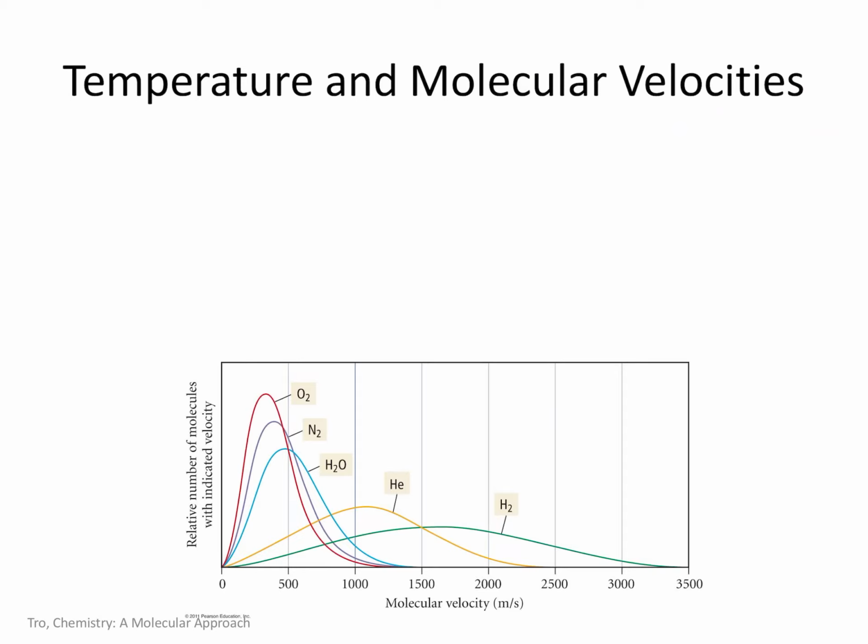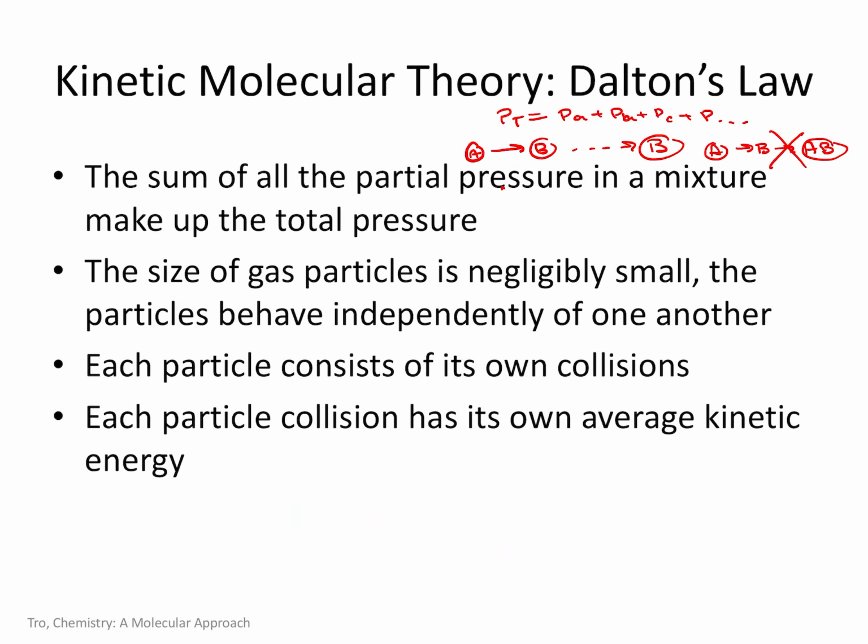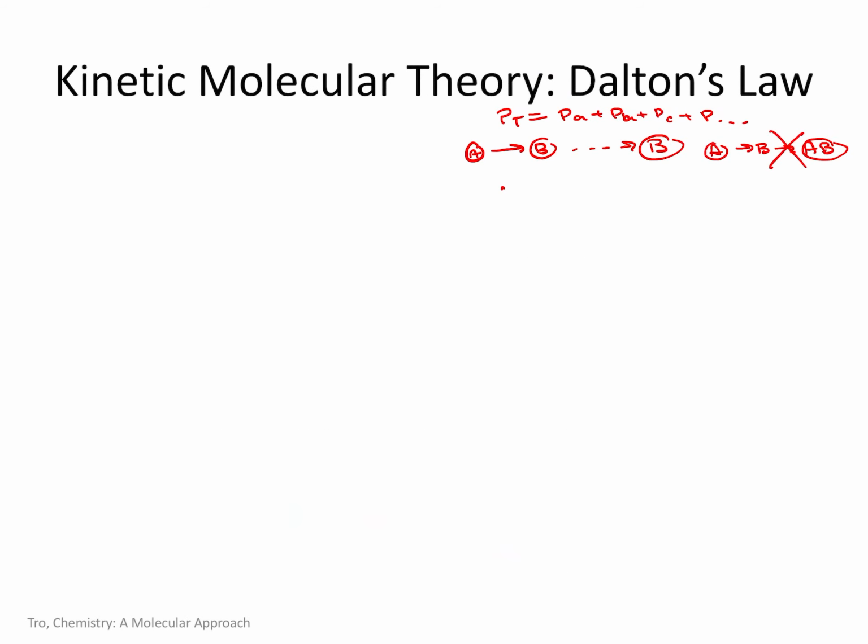So before we move on to temperature and molecular velocities, I want to explain a little bit more about the kinetic molecular theory and the ideal gas law. I'm going to use my little blank space here. We've just talked about how each gas law conceptually follows the kinetic molecular theory.